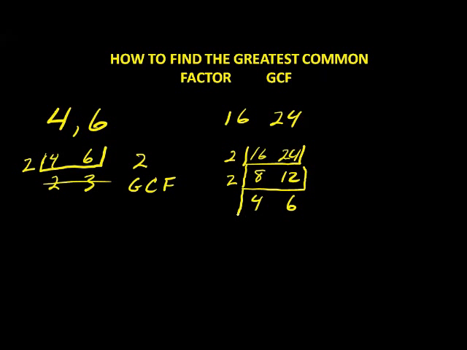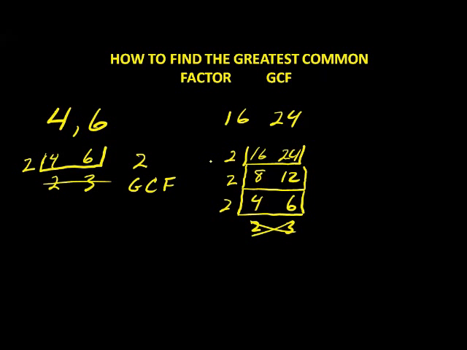So I'm going to continue. So 2 goes into 4 2 times. 2 goes into 6 3 times. Now, if you stop and think about this, is there a number that will divide evenly into both 2 and 3? And if the answer is no, then we have to stop right there.